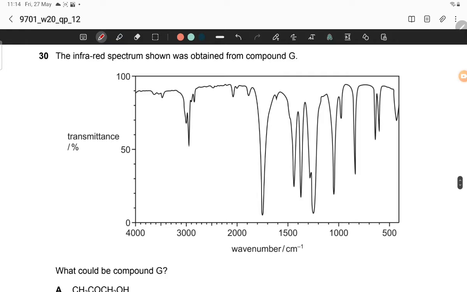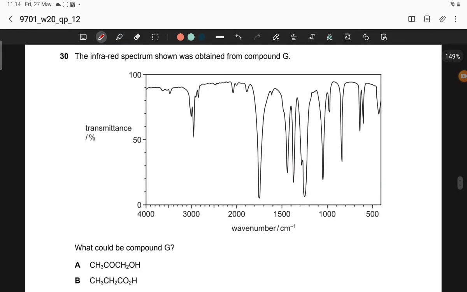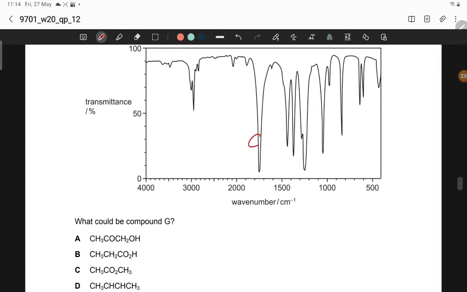The infrared spectrum was obtained from compound G. So the C double bond O peak is present between 1640 to 1670.